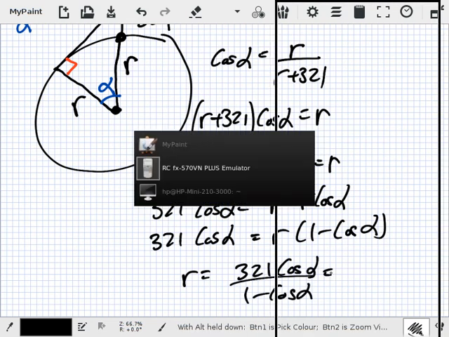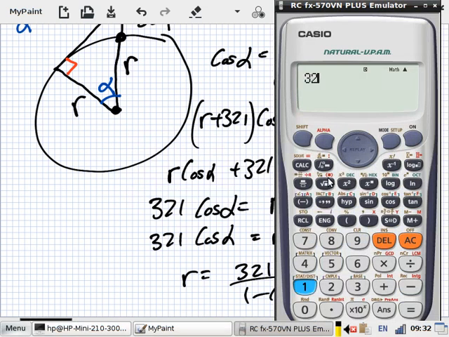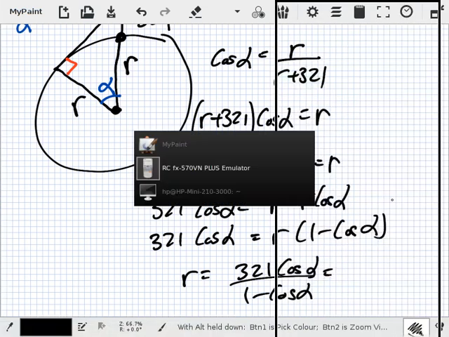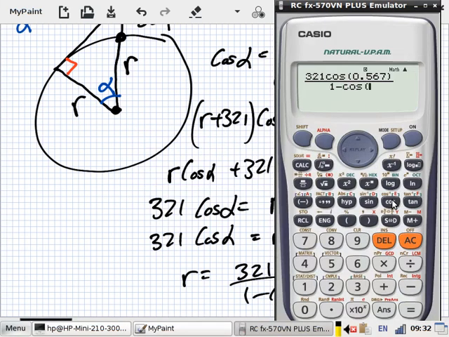So let's hit this in on the calculator. 321 cos, what did I say alpha was? 0.567, wasn't it? Over 1 minus cos 0.567. Yeah, so if I put it in kilometers, it's 6600 kilometers.